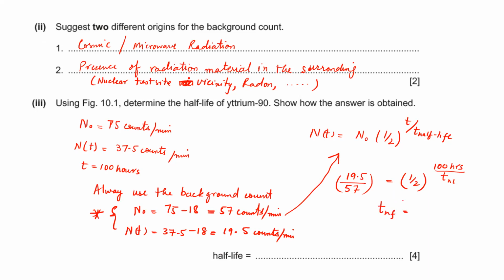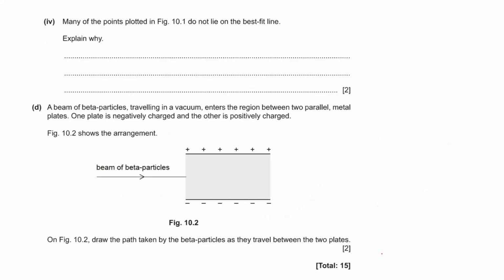To solve for t half-life, taking log on both sides and simplifying, t half-life comes out approximately 64.620 hours, or you can say 65 hours. Any value in this ballpark will give you the right answer. Then comes part 4.